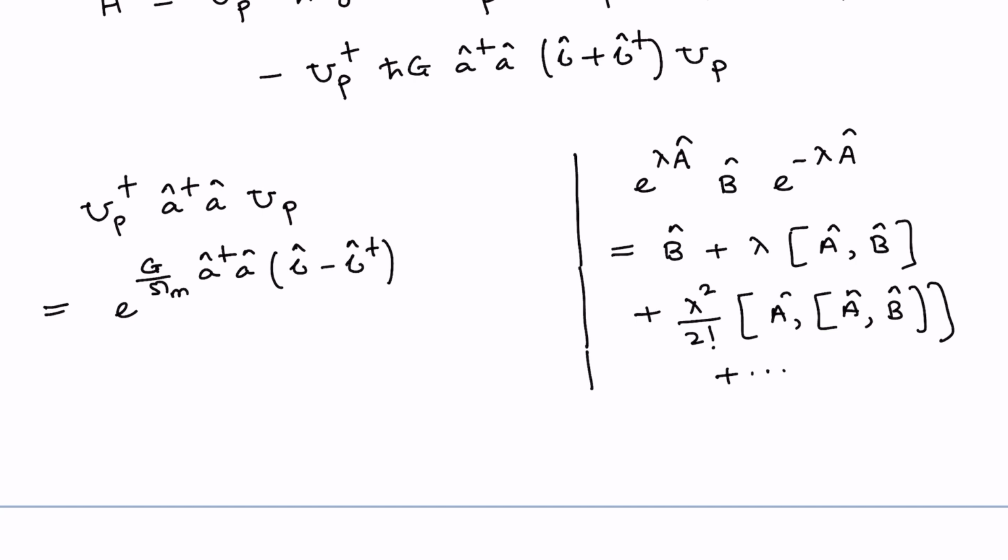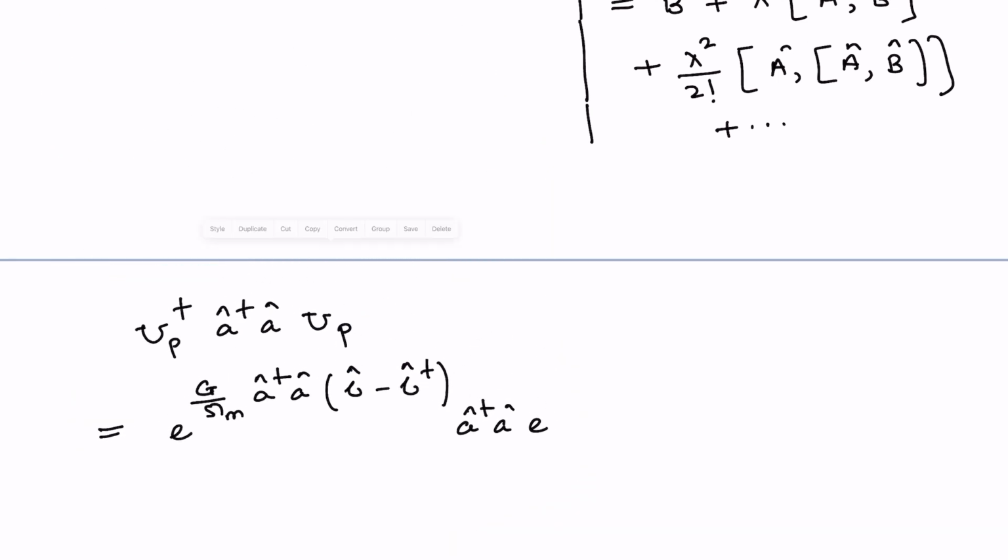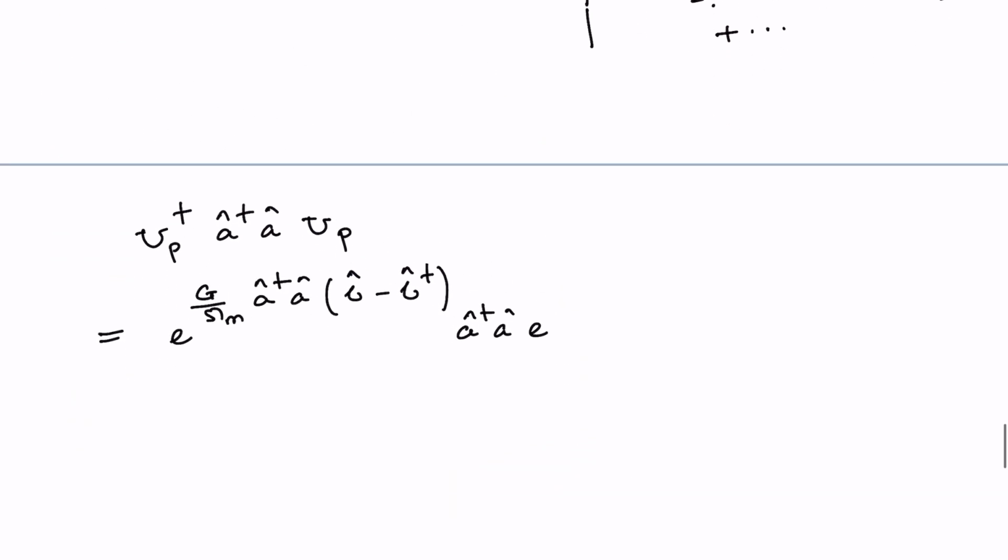Then I have a†a, and I have here e^((Z/Ω_m) a†a (b† − b)).